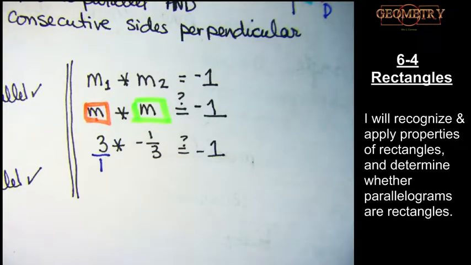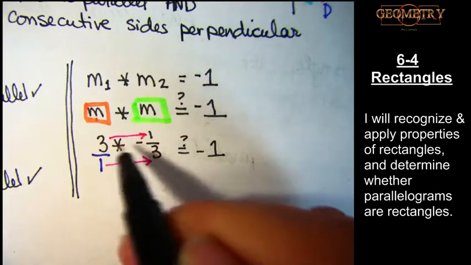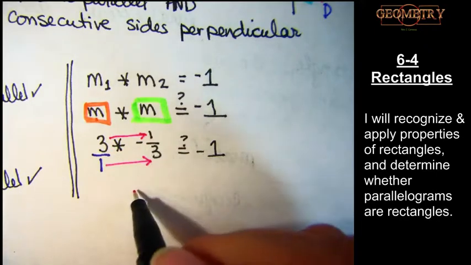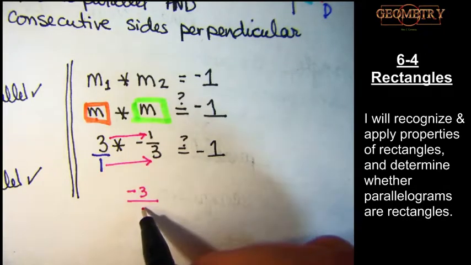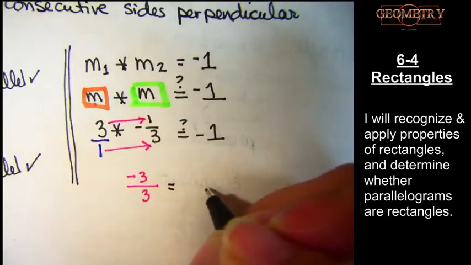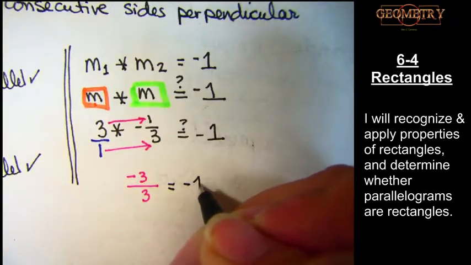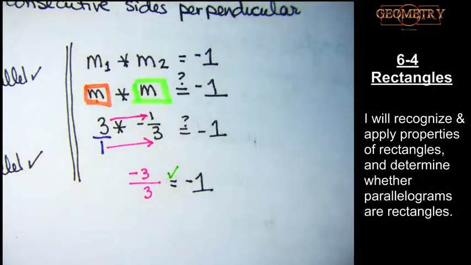So I'm going to turn that whole number into a fraction, and now I can just multiply straight across. 3 times -1 is -3. 1 times 3 is 3. And -3 divided by 3 is -1, which was what I was after to begin with.